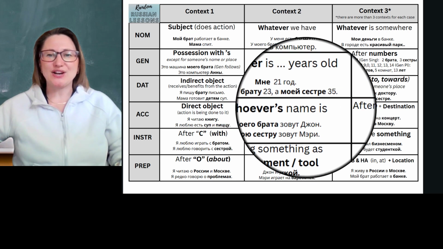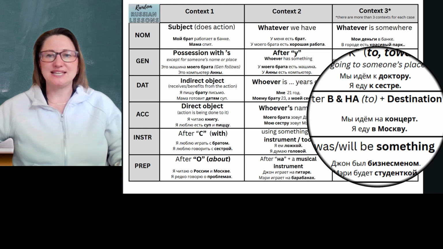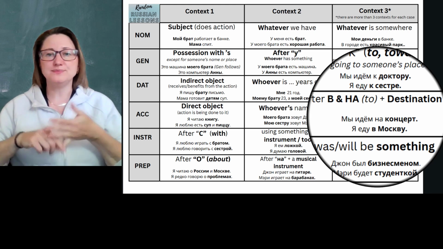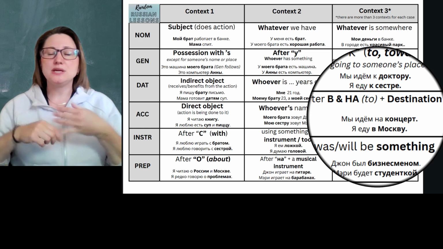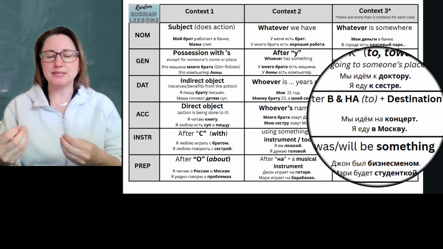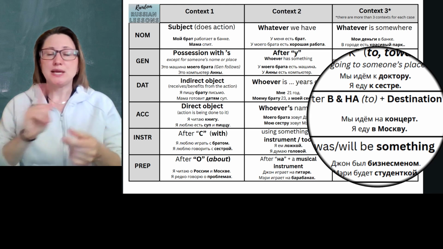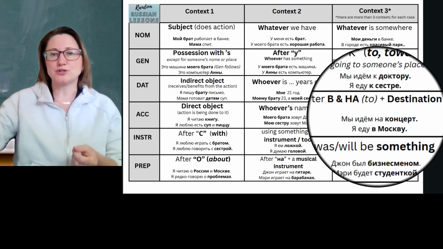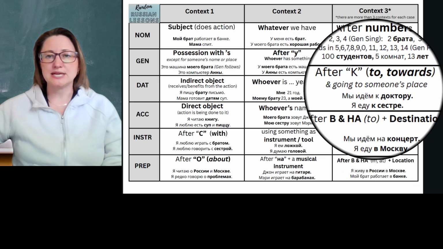Okay, finally, the next context is when you use the prepositions в and на in the meaning of to, going to some place plus a destination. And this destination is not a person, because for people, remember, we use dative and the preposition к to say, I'm going to my brother's place.